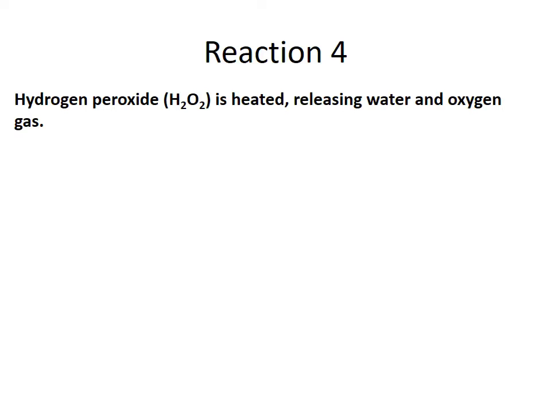In reaction number 4, I'm going to take hydrogen peroxide, which I've given you the binary compound. That's H2O2. And we're going to heat it. I'm going to apply heat to it, and it's going to release water and oxygen gas.